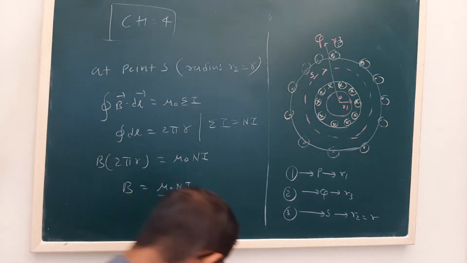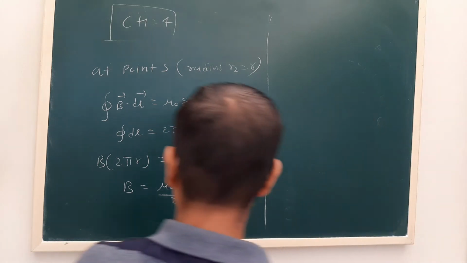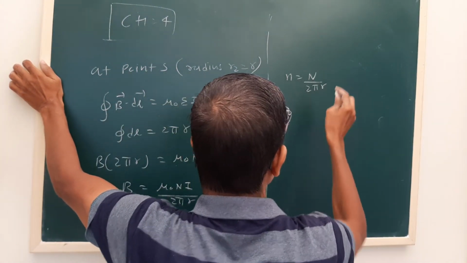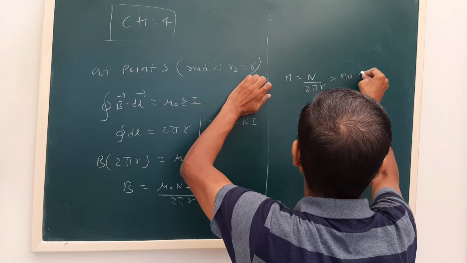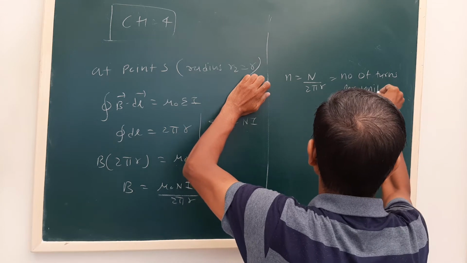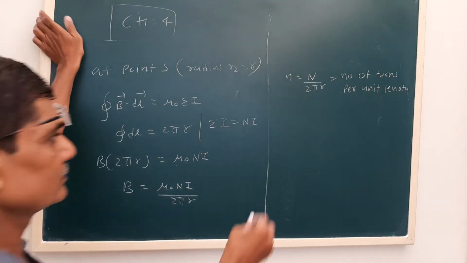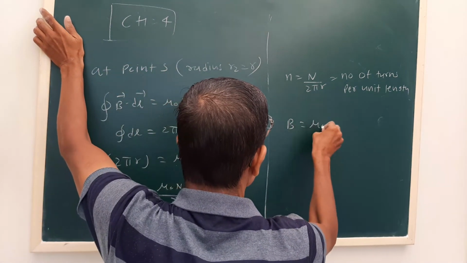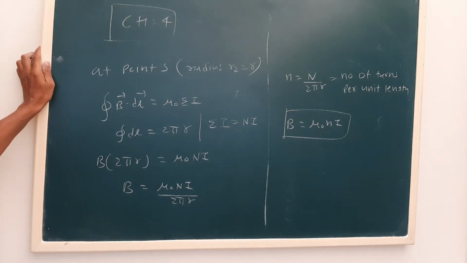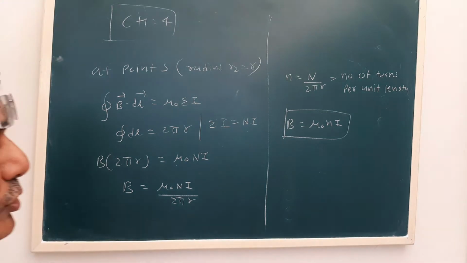Now see the useful relation: n is equal to N upon 2 pi R, that is the number of turns per unit length. So our equation will become B is equal to mu 0 nI. For a very long solenoid also we derived such an equation, B is equal to mu 0 nI.